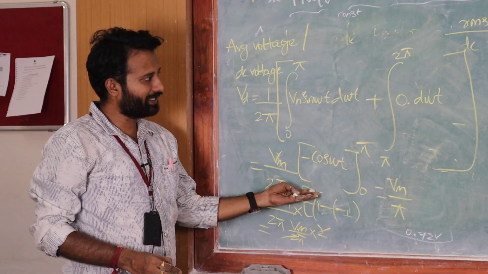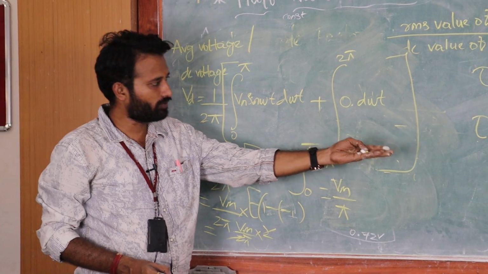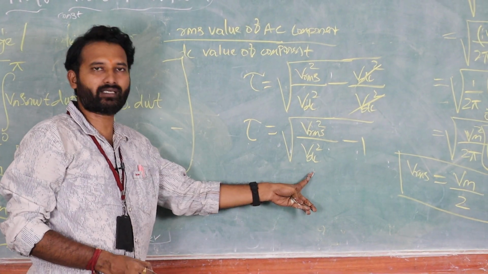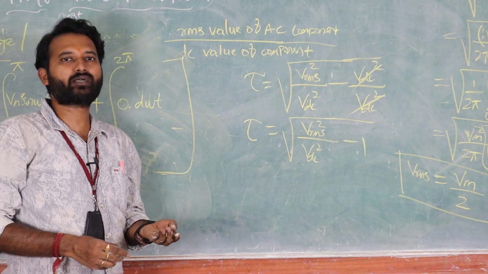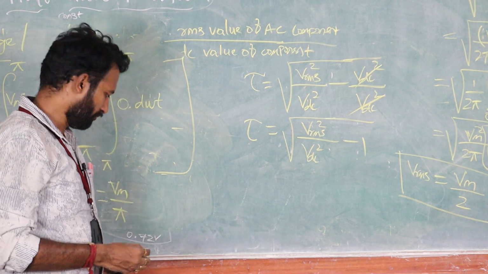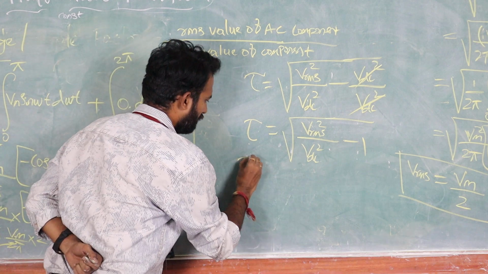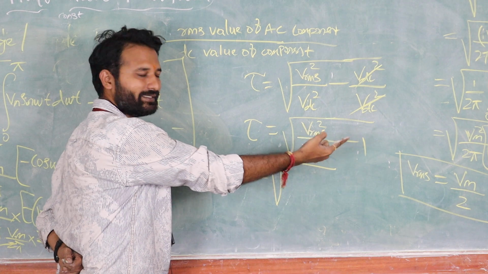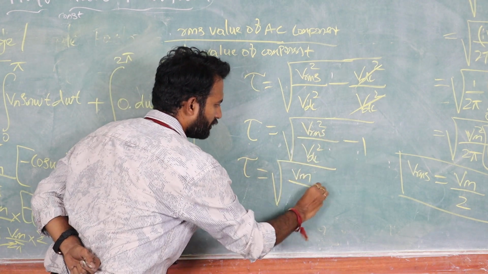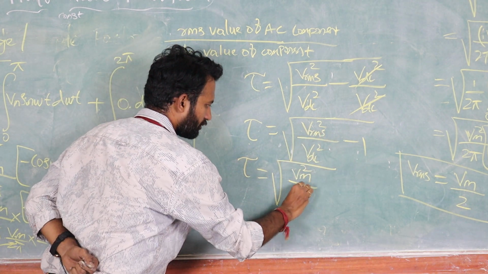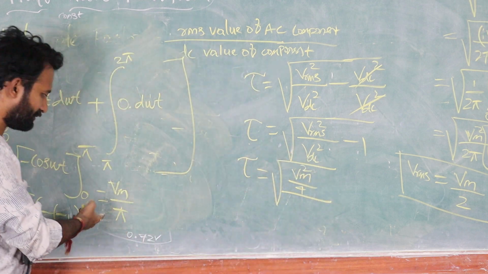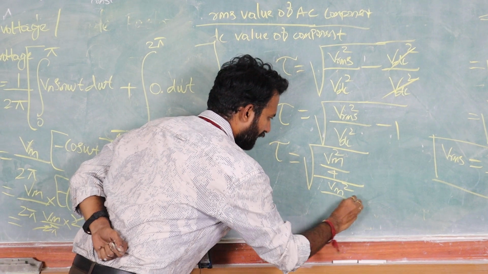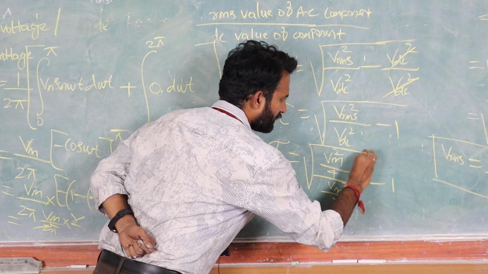So we got VDC and Vrms values. By substituting VDC and Vrms in the ripple factor, you will know how much ripple is there. So let me substitute here. Tau is equal to square root of, my Vrms is Vm by 2, so we will get Vm square by 4 whole divided by VDC, which is Vm by pi, squared, minus 1.